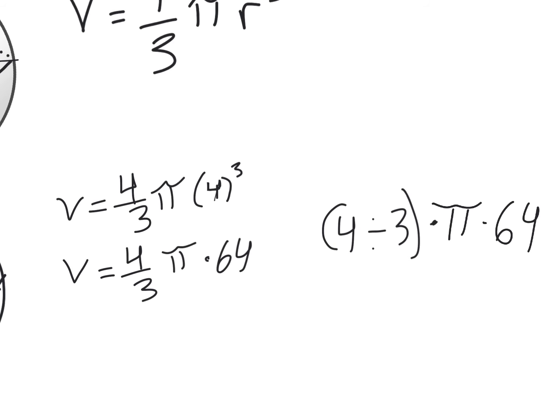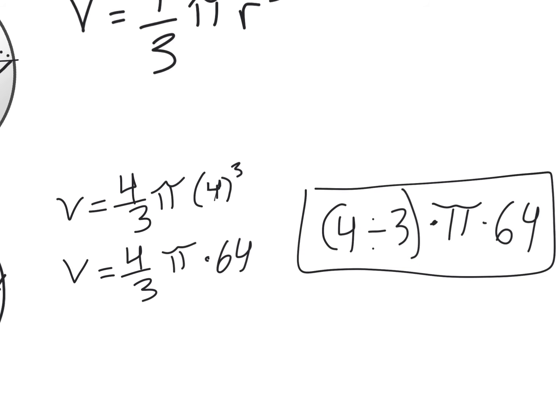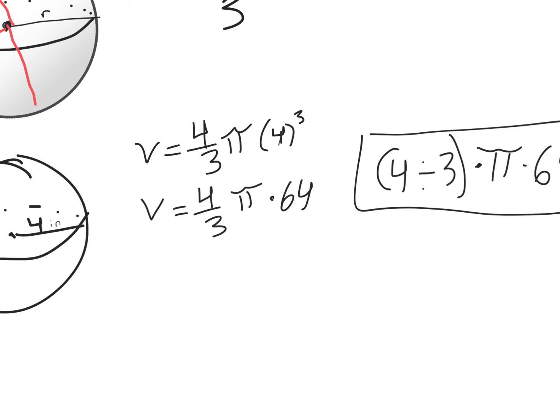If you don't have a calculator that'll let you put it in this way, you can just do the math as you go here. So we could start out by multiplying pi and 64. So pi is 3.14, or you can use the pi button on your calculator, times 64. When I do that, I get 200.96. And then I'm going to multiply that by 4.